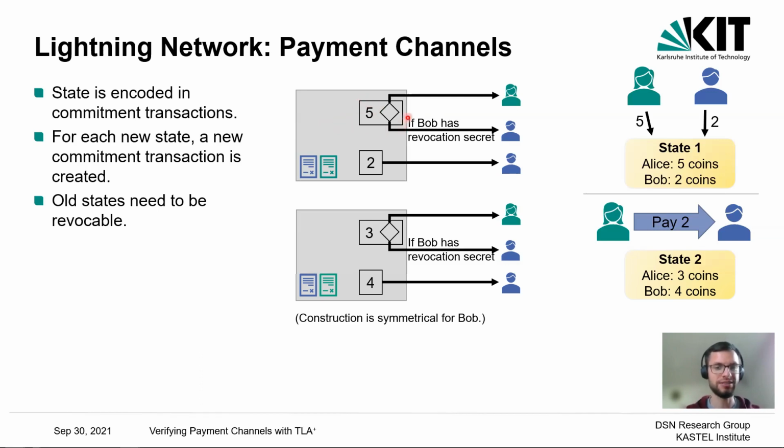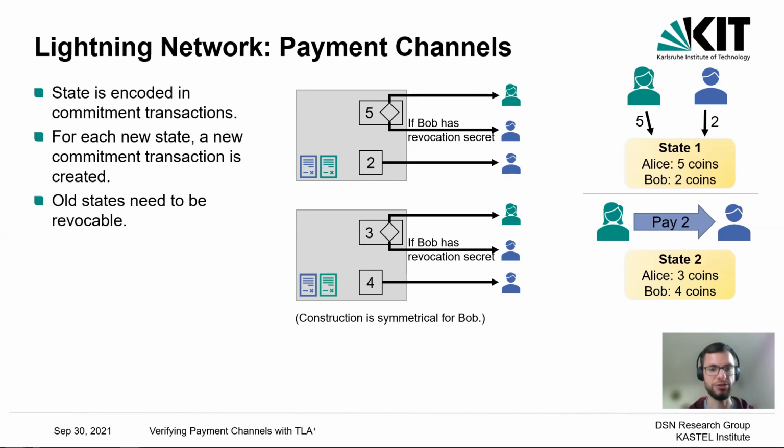The output for Alice is not only redeemable by Alice, but also redeemable by Bob if Bob has a revocation secret. And if the second state is created, then Bob receives this revocation secret to revoke the first state.